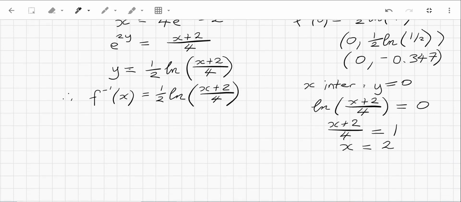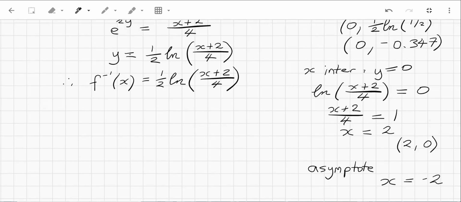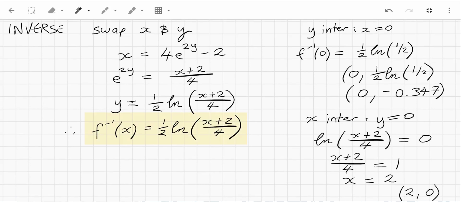So I have an x-intercept here at (2, 0). And the last thing here for the inverse, its asymptote is when x equals -2. So that essentially makes the log here 0, which is undefined.